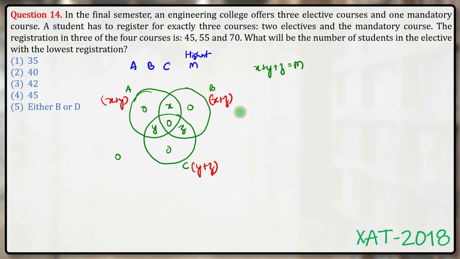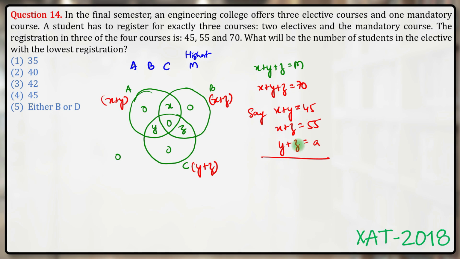So I'll start with 2 cases. One wherein 70 is the number of registrations in the mandatory course, that is, let's say X plus Y equals 45, X plus Z equals 55, and Y plus Z, which we don't know, the registrations in the third elective, let's say equals A. Adding all these 3 equations, and simultaneously knowing X plus Y plus Z is equal to 70, therefore 140 equals 100 plus A, so A equals 40.